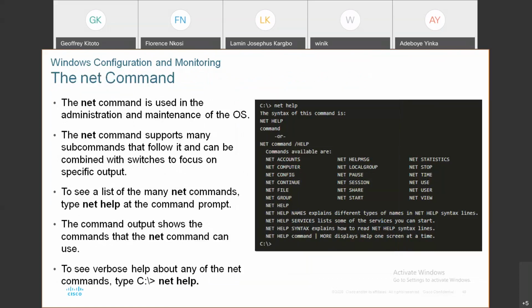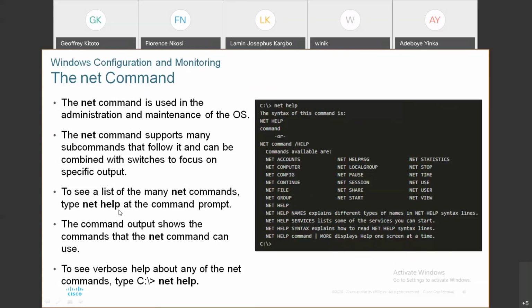Still, you can get what is known as the net command. You who have used the net command severally, I hope so. The net command is used in the administration and maintenance of the operating system. The net command supports many subcommands that follow it and can be combined with switches to focus on specific output.